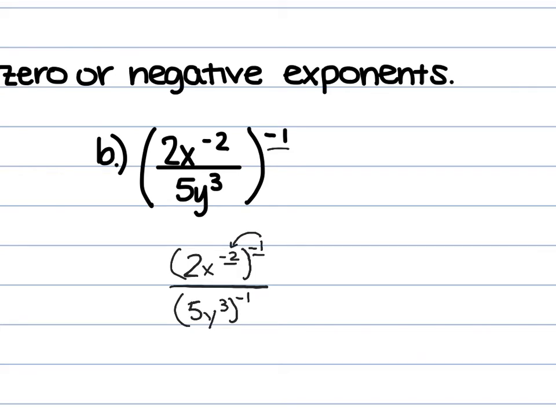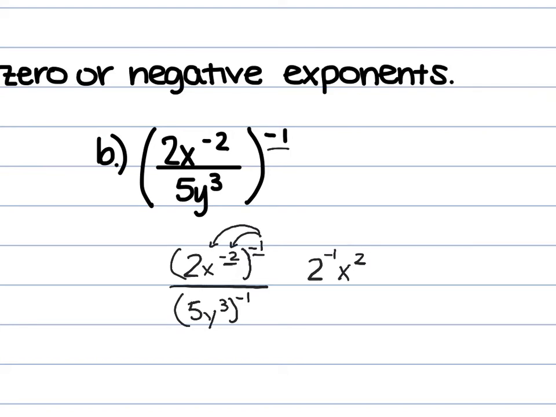So that would be what the x is going to give me. That x would now have an exponent of a positive 2, because -2 times -1 would be a positive 2. But that -1 also needs to apply to this 2. So we would get 2 to the -1st power.